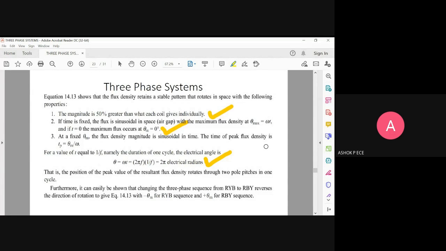It can be shown that if you change your three phase from RYB to RBY, the direction of rotation will also change. If it is minus theta m for RYB, it is going to be plus theta m for RBY. So if you change the sequence of the three-phase windings, the direction will also change. That you have to understand. We have already seen all these properties in the three-phase network. This is just a summary of all these things.